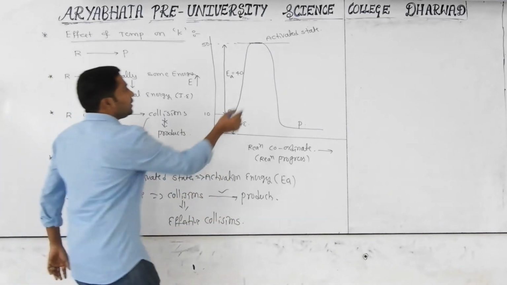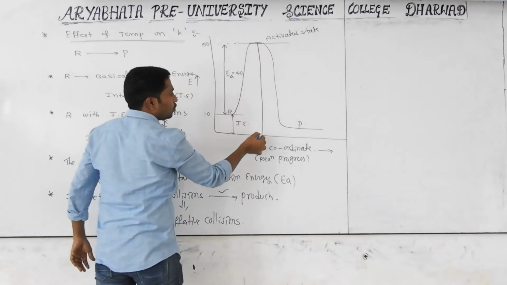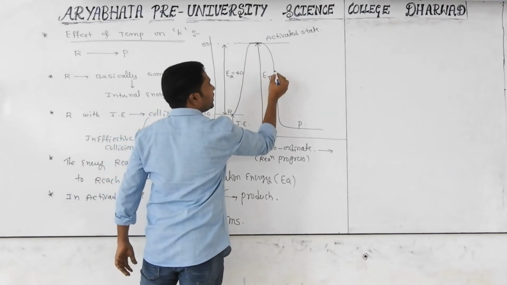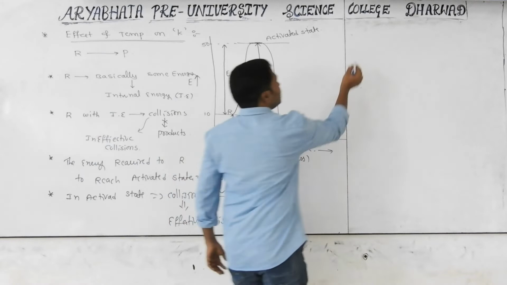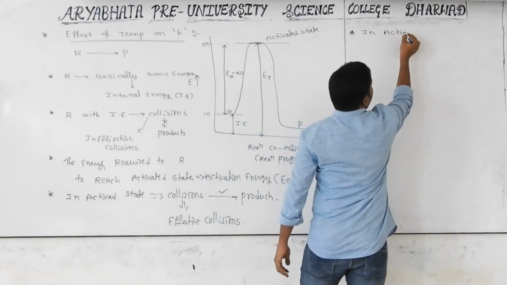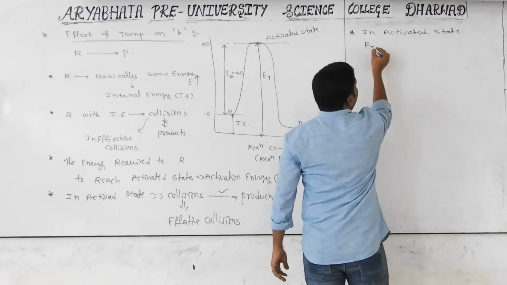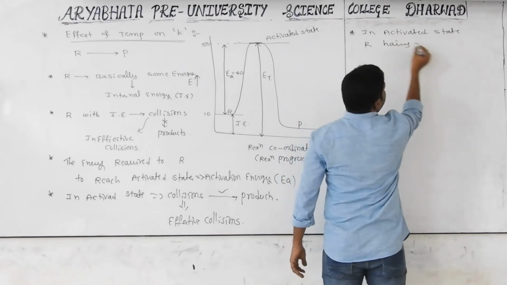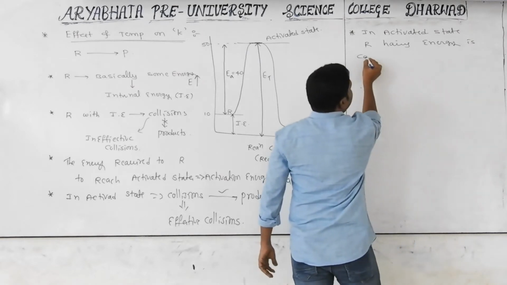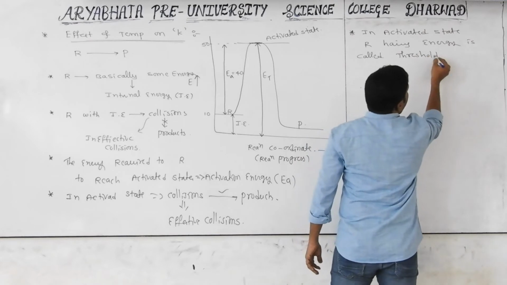In the activated state, the reactants have too much energy. This whole energy of the reactants in the activated state we call ET. What is the meaning of that? In the activated state, the energy the reactants have is called threshold energy.